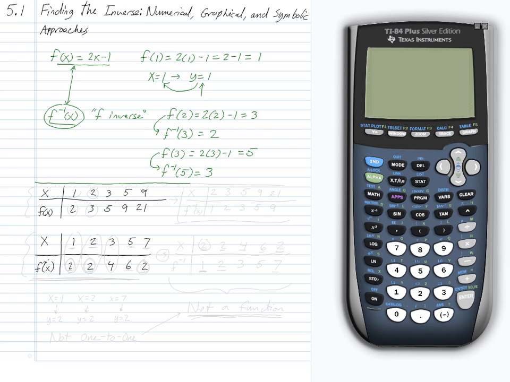So the first thing that we can do, given a function, in this case we'll define our function using a table, is to figure out the inverse relationship. So this function takes in 1 and gives us 2, which means that our inverse function will take in 2 and give us back 1.